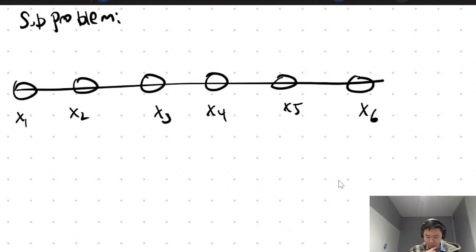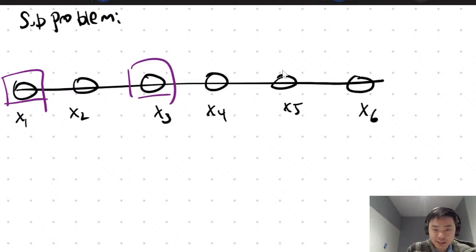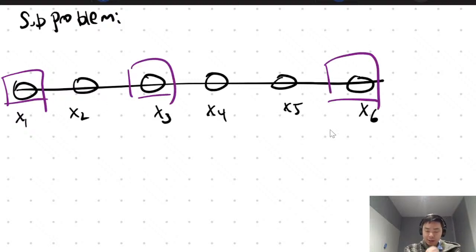What I can think about is, well, let's suppose I have just an arbitrary spaced set, maybe something like this. How would I construct this recursively? Let's start by thinking about this last element here. In this last element in my spaced subset, if I choose x6, then I know that I can't choose x5, right?